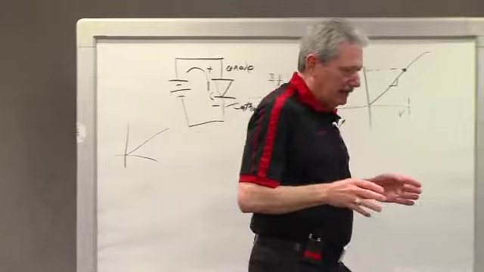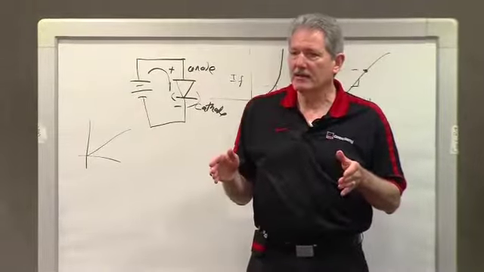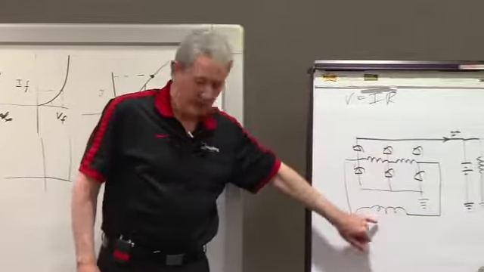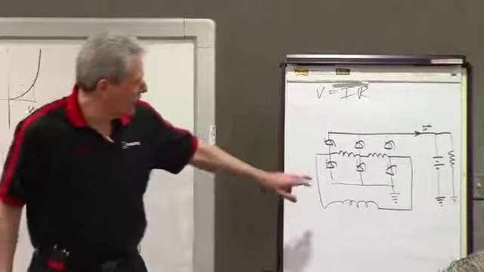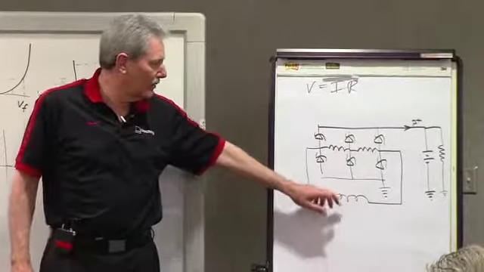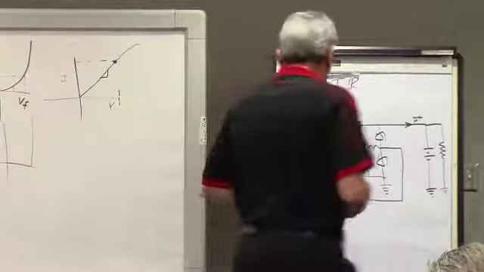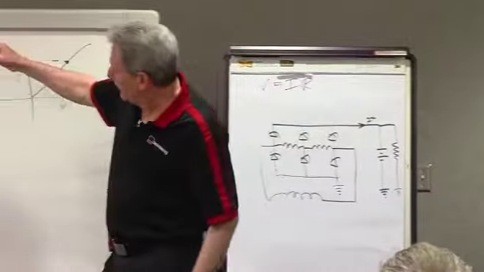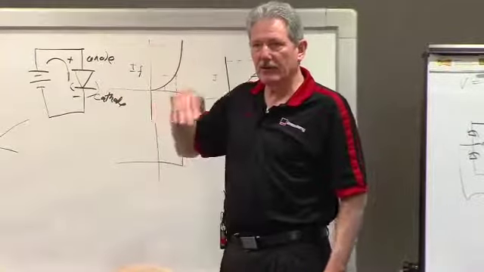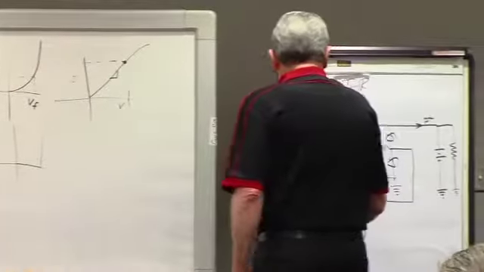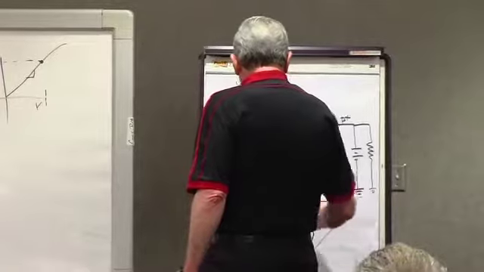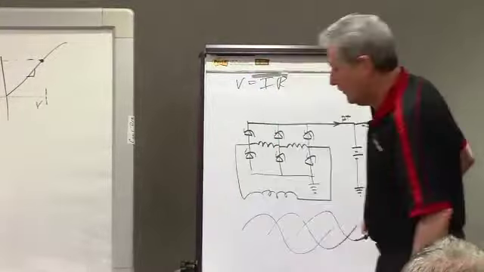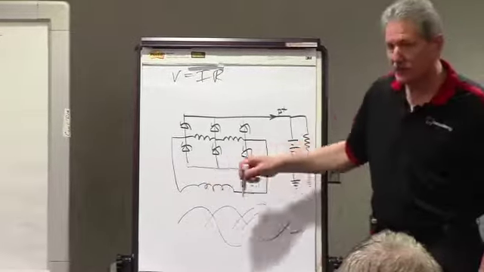If we look at a simple three-phase rectifier, you've got three stator coils and these diodes. So when I put a positive voltage from the anode to the cathode, I turn the device on. Here are the three phases. These are three sinusoids.